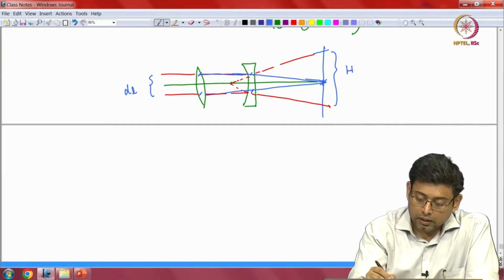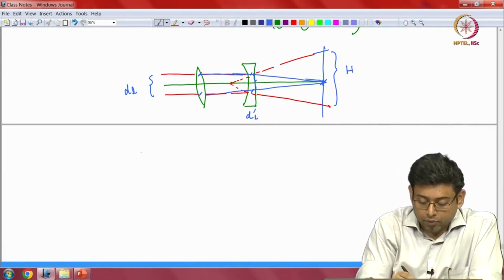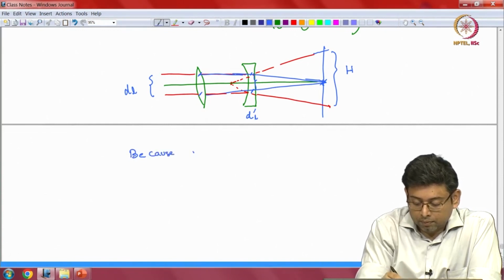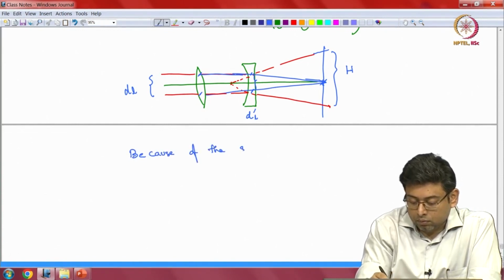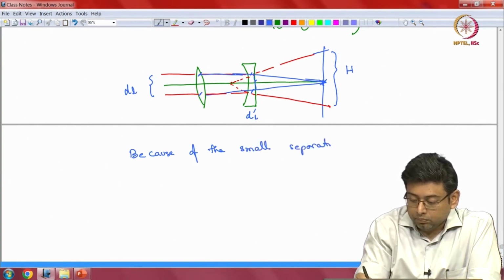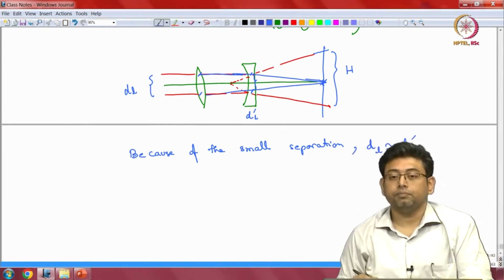This diameter that the second lens sees is dl dash, which is less than dl, but because of the small separation, I will go ahead and assume that dl and dl dash are the same. Okay.